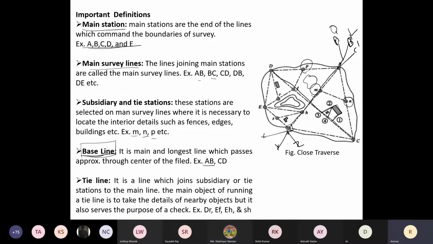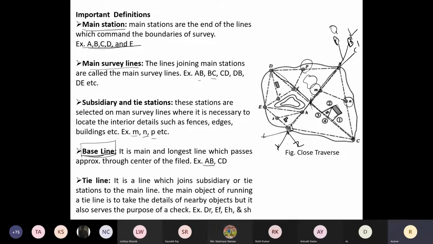No, that is fine. But if you see this figure, with the help of the baseline you are able to make the triangle. If you want to make this triangle, I'm using this baseline. If you want to make this triangle, again I'm using this baseline. So if your baseline is accurately measured, then it will limit your error. Are you getting my point?